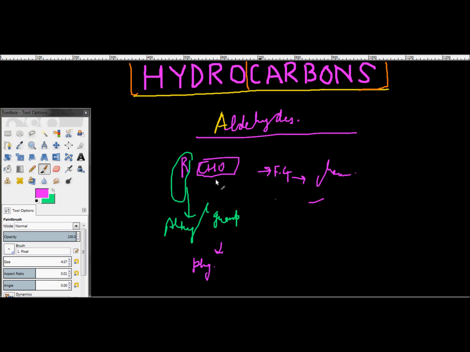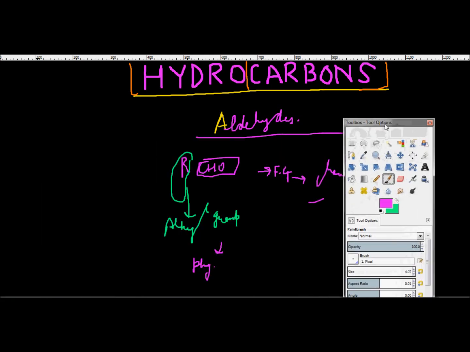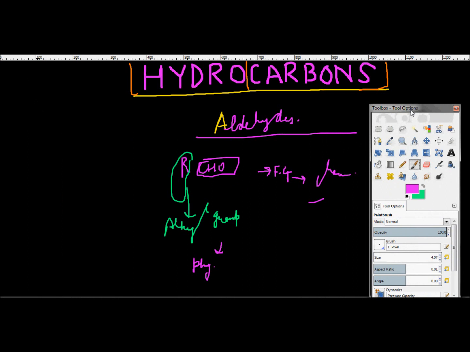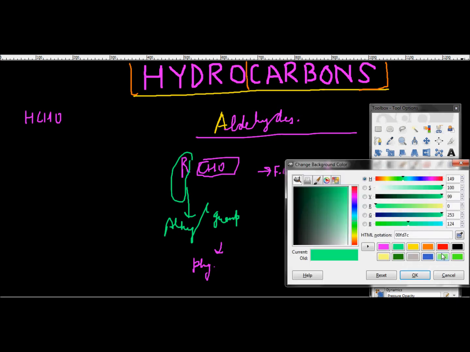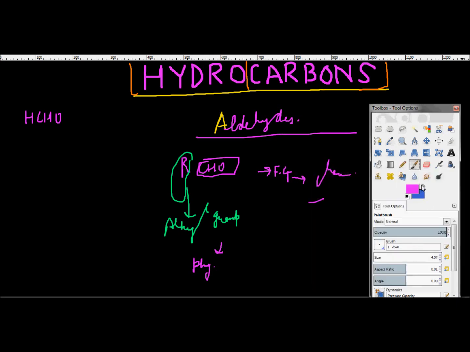And now I think I'll be utilizing some space right here, and doing a little bit of naming and organizing the structures of aldehydes. So guys, the first one is HCHO, and this is what we take into consideration first. HCHO, guys, very easy.